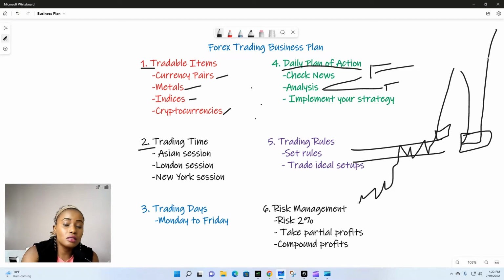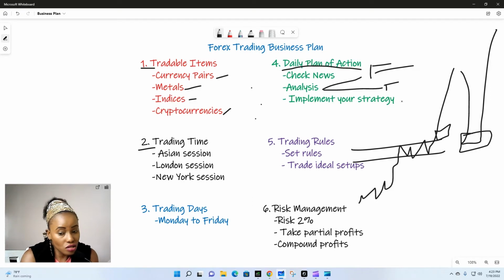So these are the things you want to check when you're working on your daily plan of action. You want to do your analysis to decide what you want to do during the trading session. Then from there you're going to implement your strategy. If you already found a setup, an opportunity, then you implement your strategy using the rules that you had set.